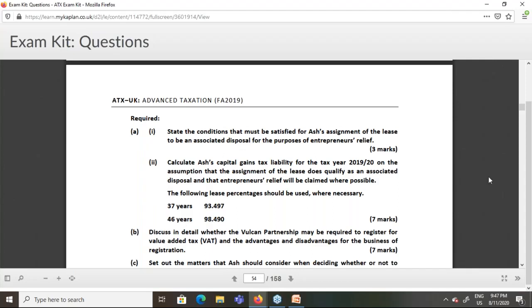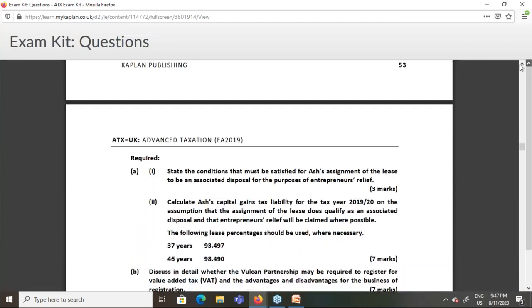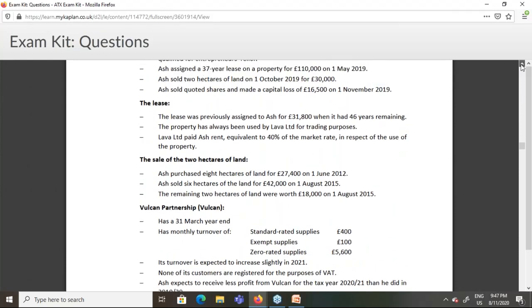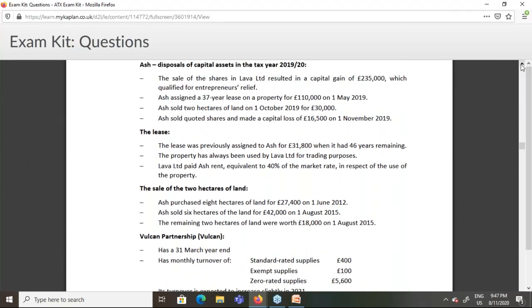So let me explain how it works. So 3 marks and 7 marks, so altogether 10 marks allocated for the purpose of CGT. But it's not actually a very complicated question provided you are familiar with the relevant principles. So now let me do the computation.